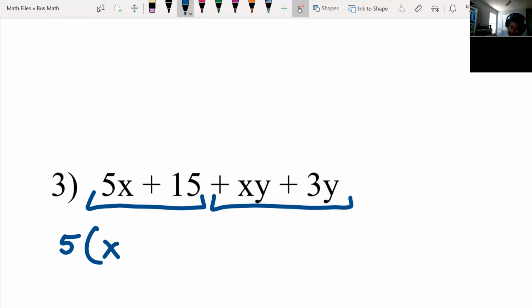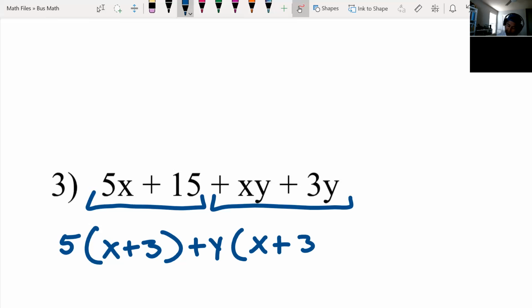X plus 3. Good. And then on xy plus 3y, what's my greatest common factor there? Y. Good. And we're going to take out a positive y, right? And what will that leave me with? X plus 3. There you go.